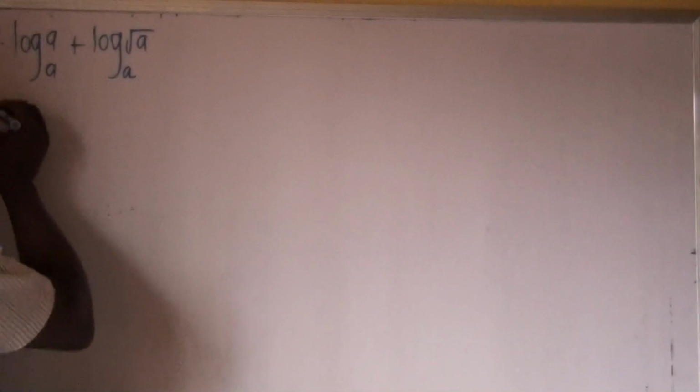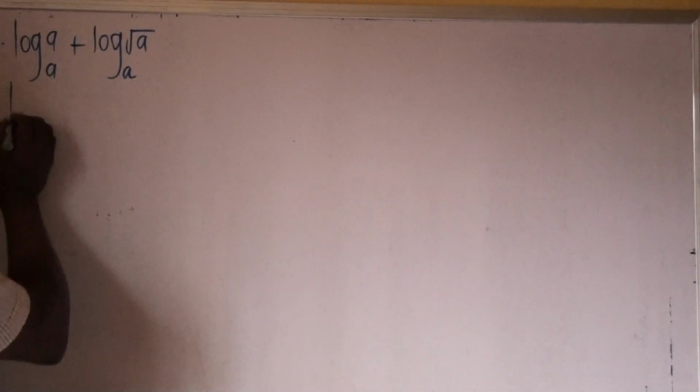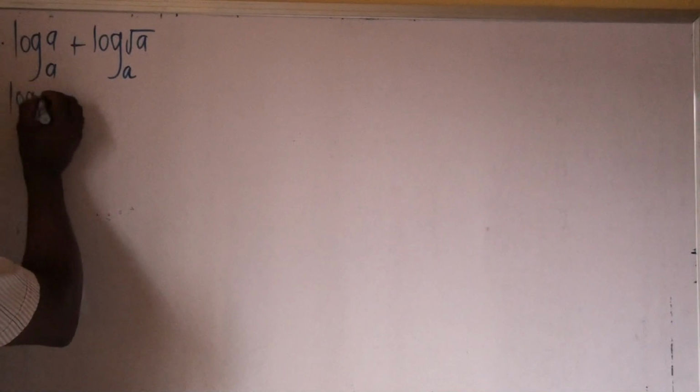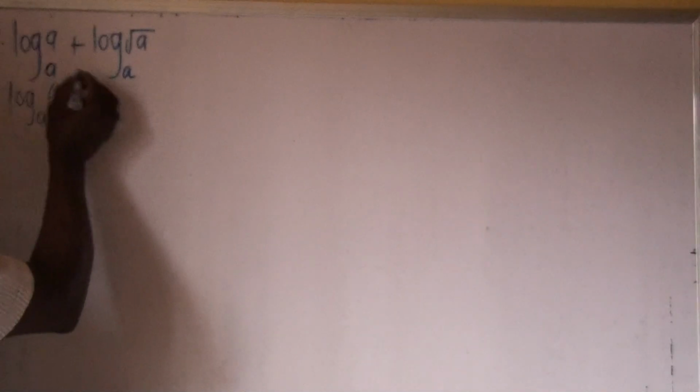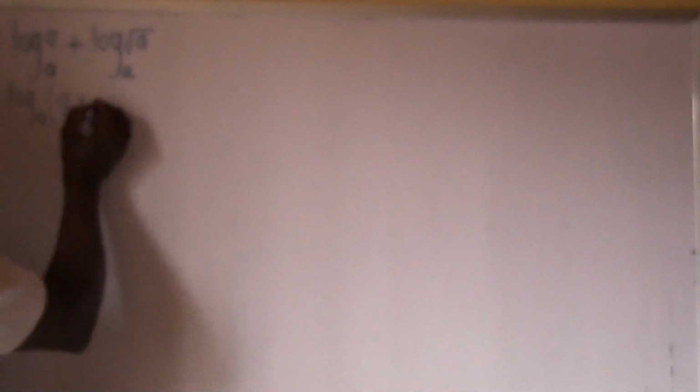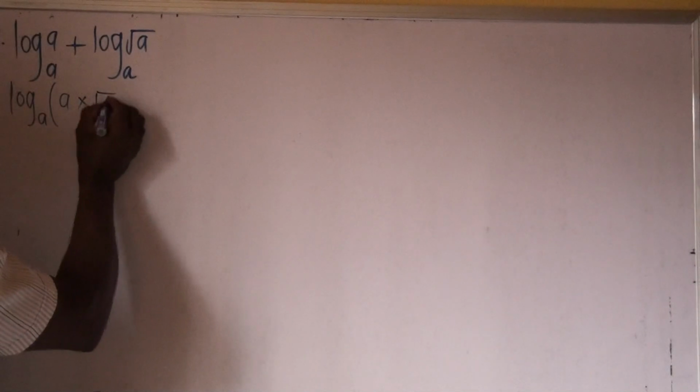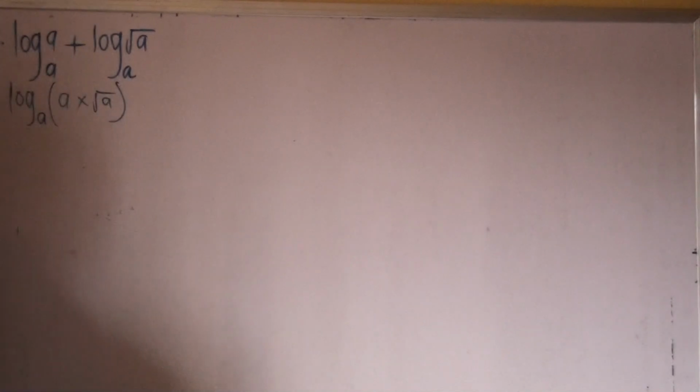Here, since the bases are the same, this becomes log to base a of a times root a.